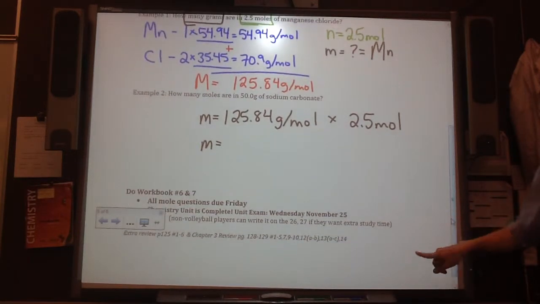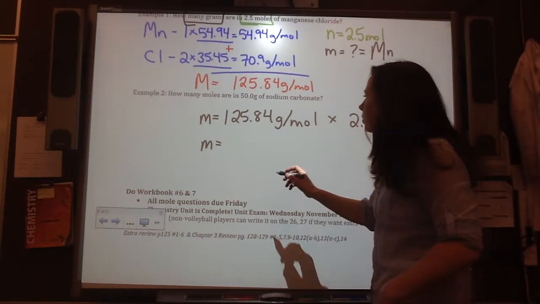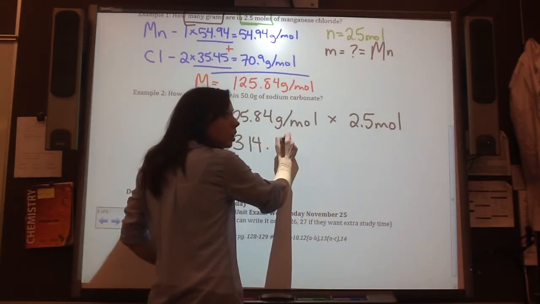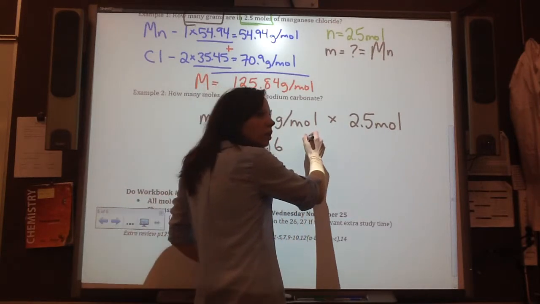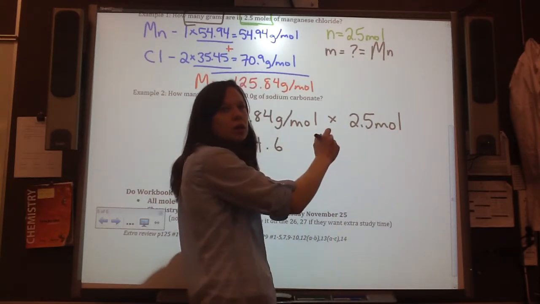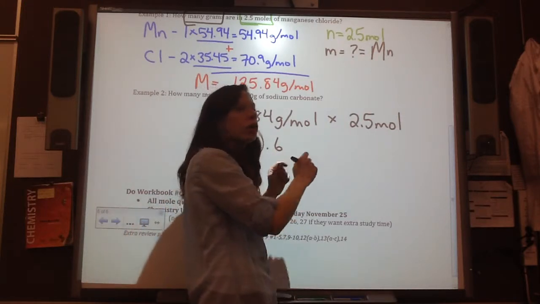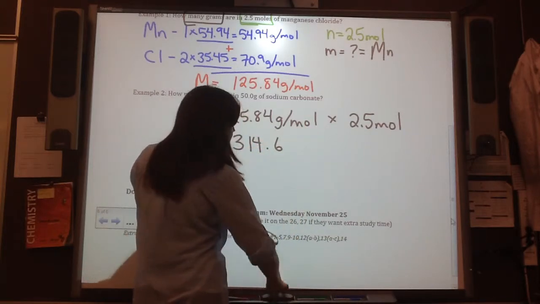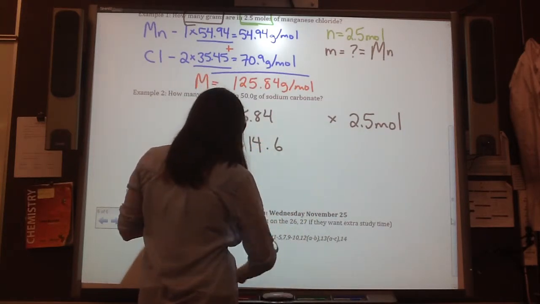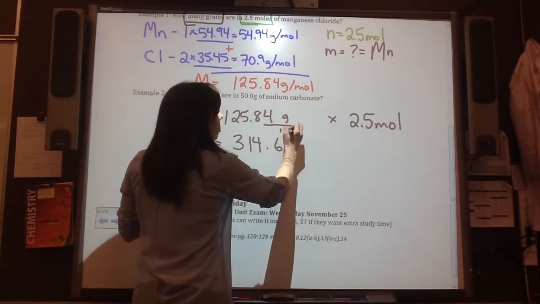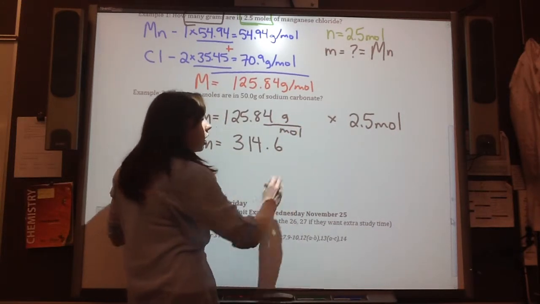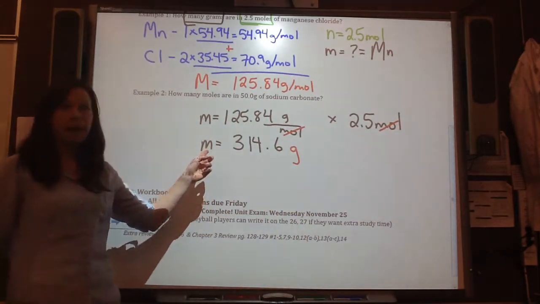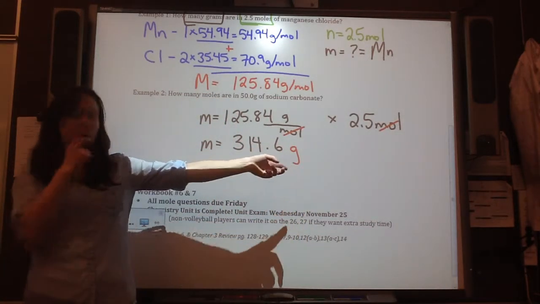All right, so what do we got? 314. Were there any more decimals? No. Okay, all right, good question. So it's like grams per mole. So if I was to rewrite it, it would be grams per mole. So then the moles cross off, and I'm left with grams, which makes sense because a mass is measured in grams.